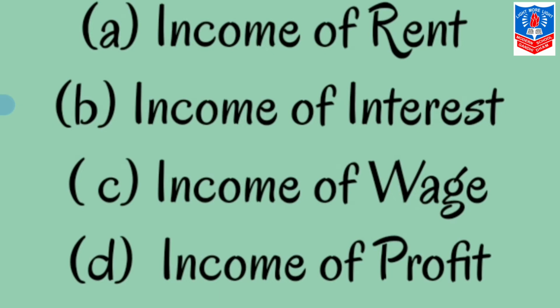So income obtained in the form of profit or dividend by an investor, which includes reserved profit and taxes paid on it. So this income which is earned by the four factors of production in the form of rent, interest, wages and profit is considered in national income.